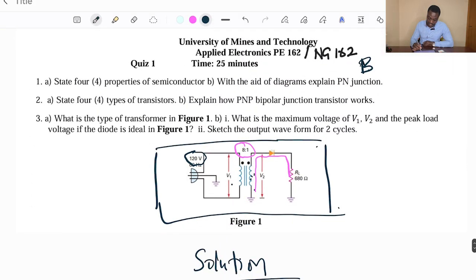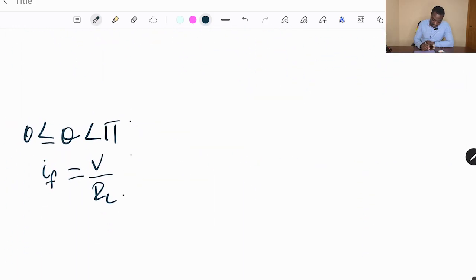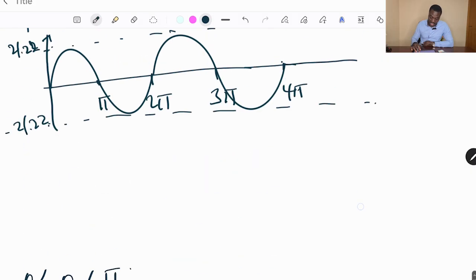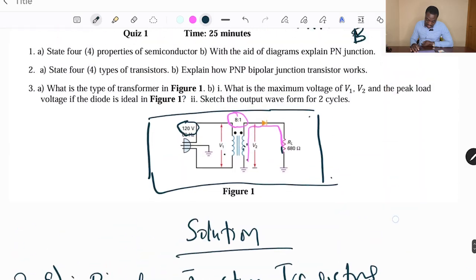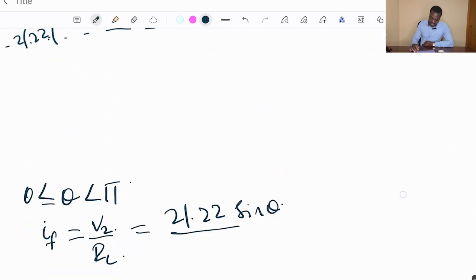So if forward biasing is taking place, we have V, which here is V2, and V2 is 21.22 sine theta, over RL, which here is 680.